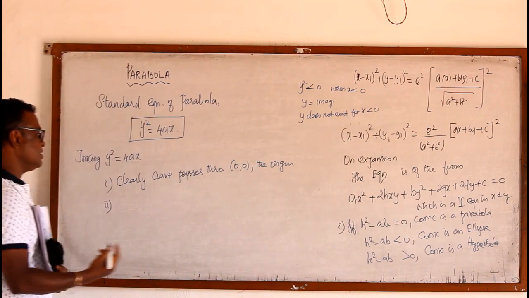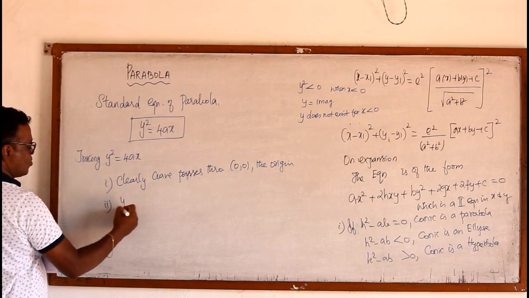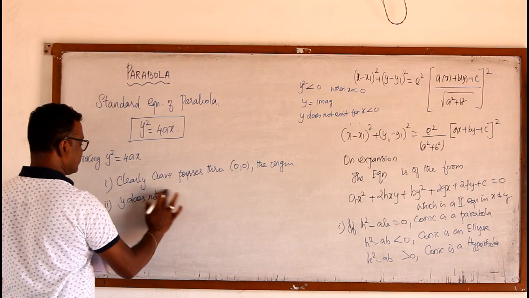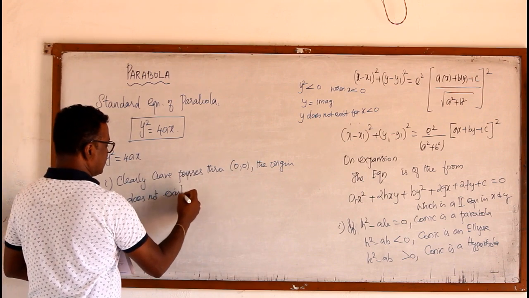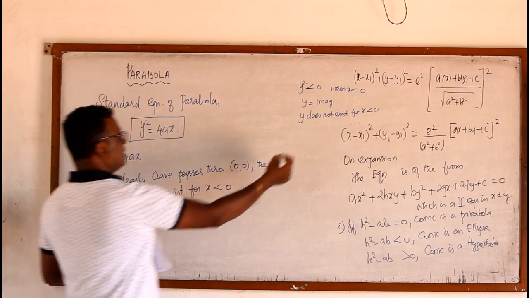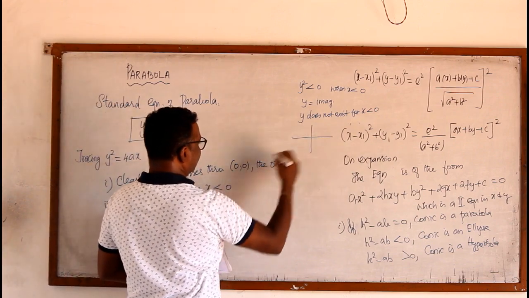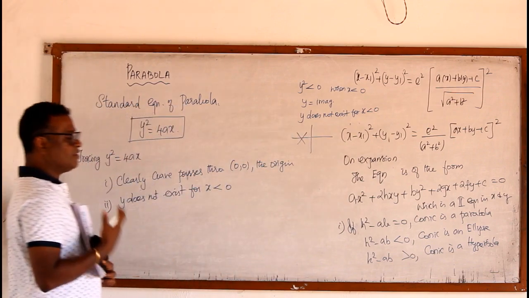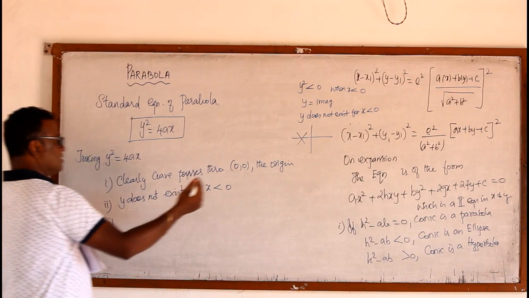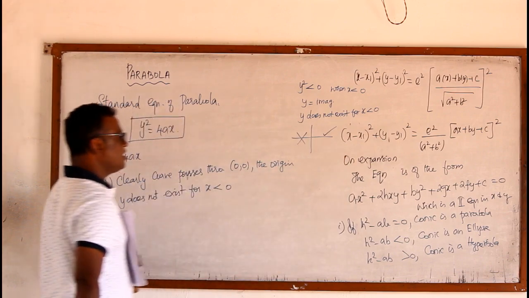That is the second observation. So in the graph, this side we do not have a parabola. The curve exists only for positive x.